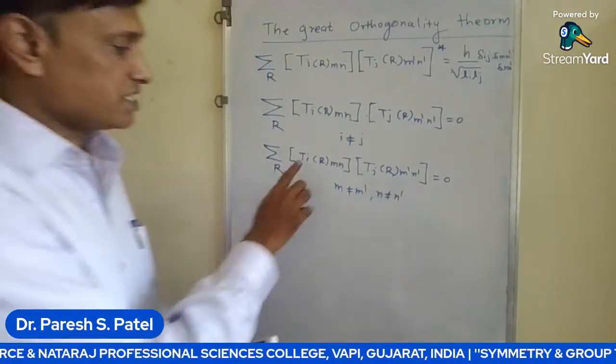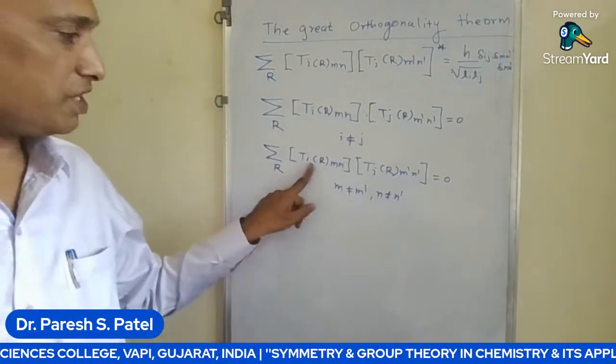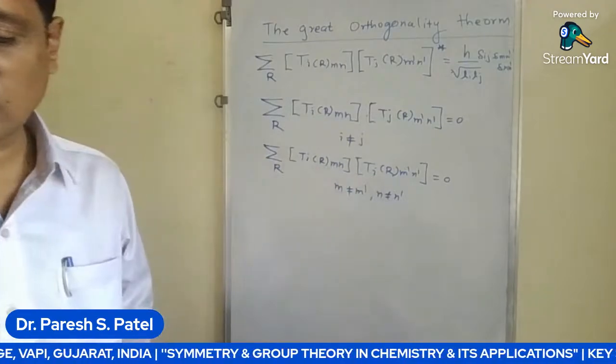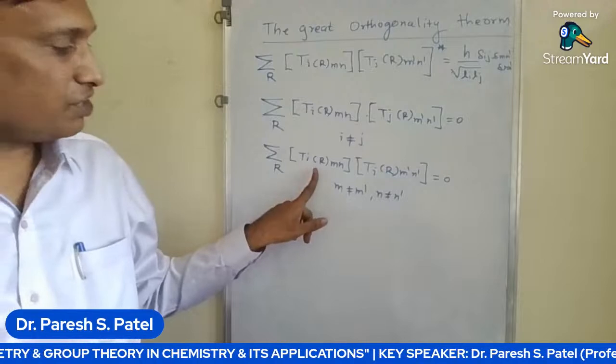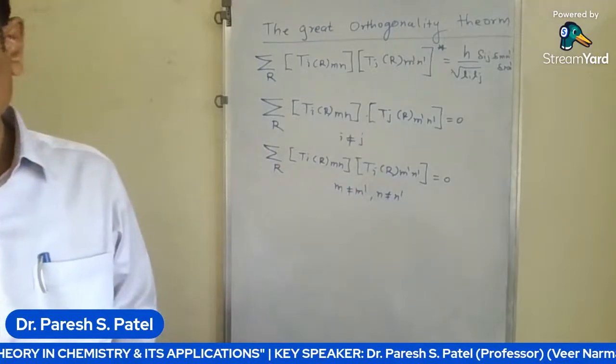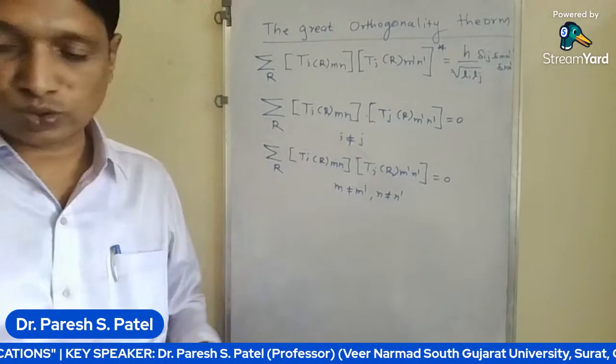Elements of the different sets of matrices of the same irreducible representation are orthogonal to each other.